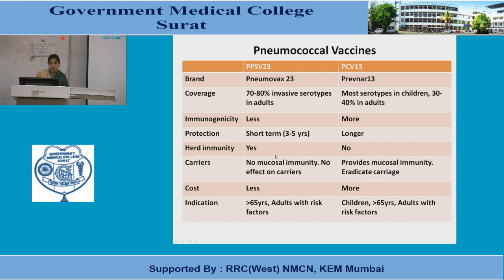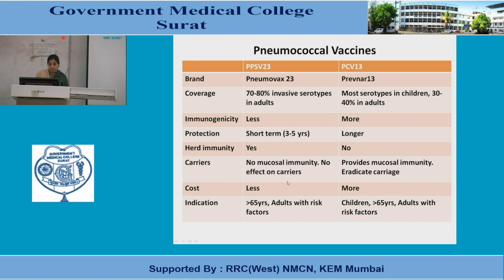Herd immunity is absent in PPSV23 and present in PCV13. PPSV23 gives no mucosal immunity and has no effect on the carrier state, but PCV13 provides mucosal immunity and reduces carriage.